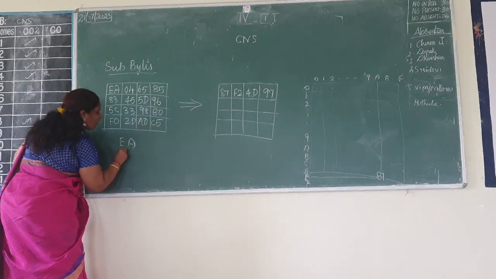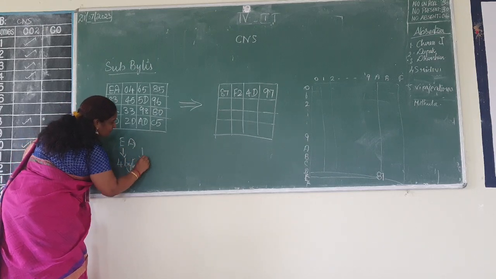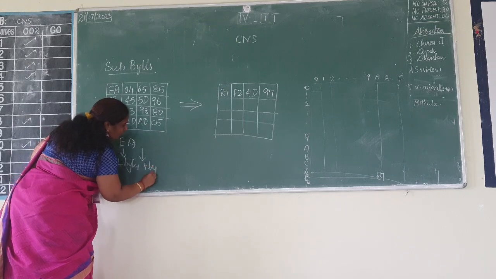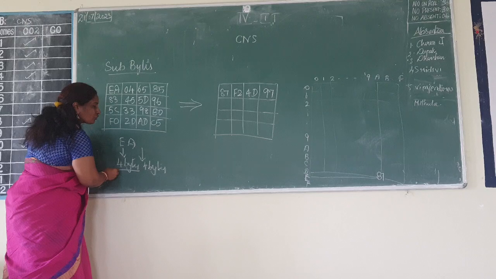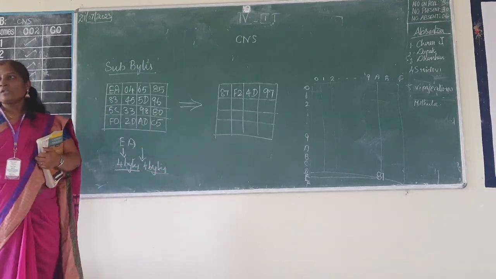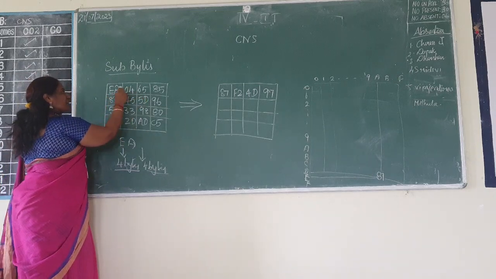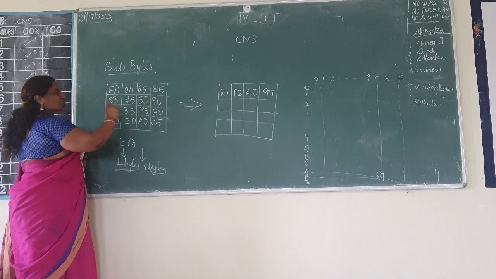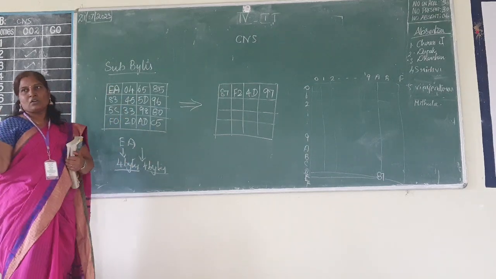E will be of 4 bits, A will be of again 4 bits. This is to represent the row and this is to represent the column. You can easily remember: when there are two values over here, the first half is used to represent the row and the second half is used to represent the column.